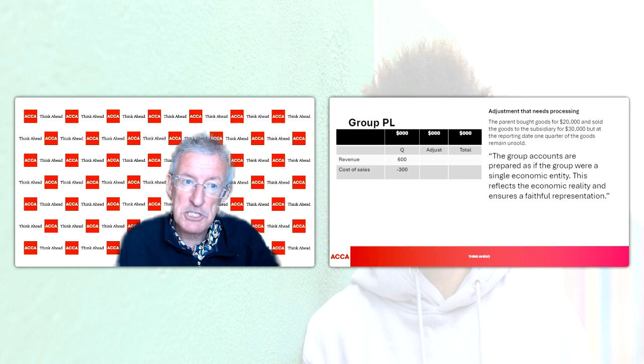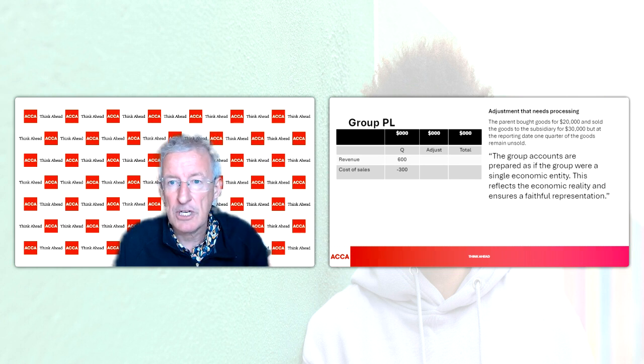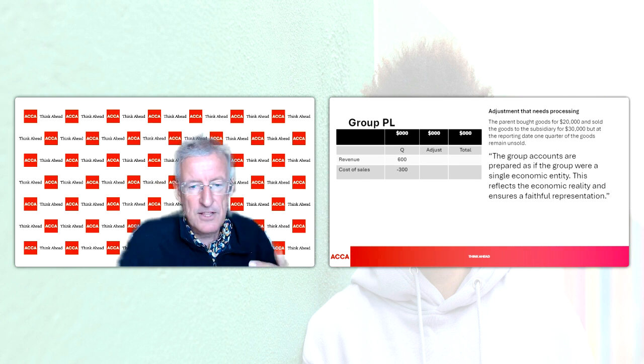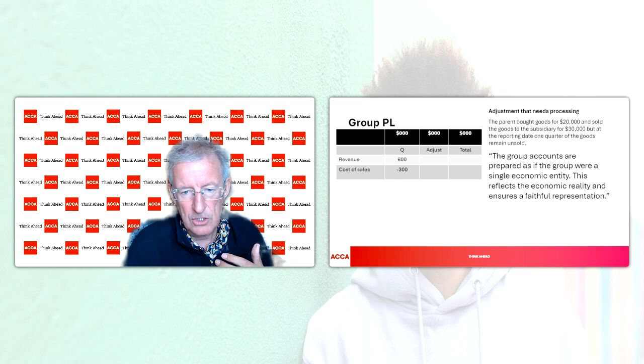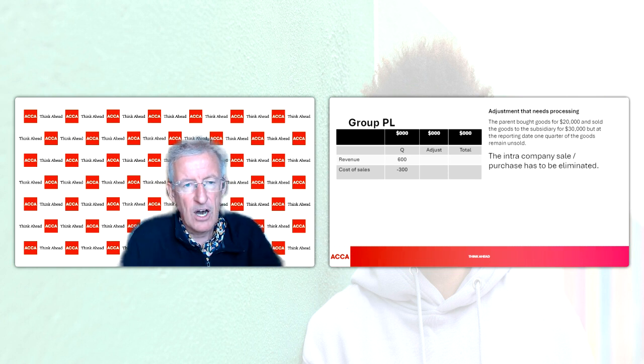So the adjustments that we are making for the intra-company transaction are justified under the single entity concept. And that's why those numbers there are given. So the intra-company sale and purchase has to be eliminated.